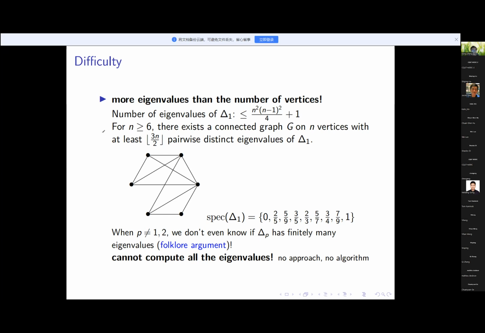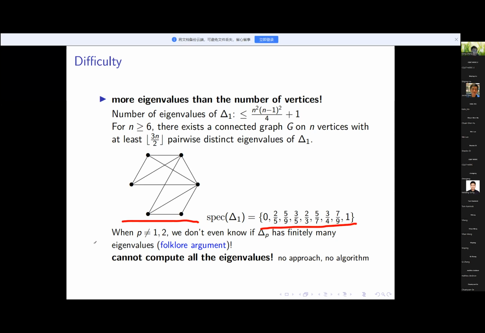But for every n larger than or equal to 6, we can construct a sequence of connected graphs on n vertices with at least 3n over 2 pairwise distinct eigenvalues of the 1-Laplacian. For example, take the graph on 6 vertices. You may see that its spectrum contains 9 different eigenvalues.